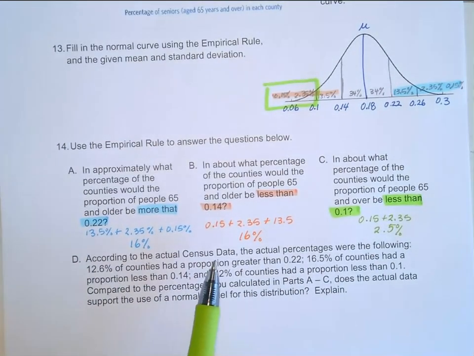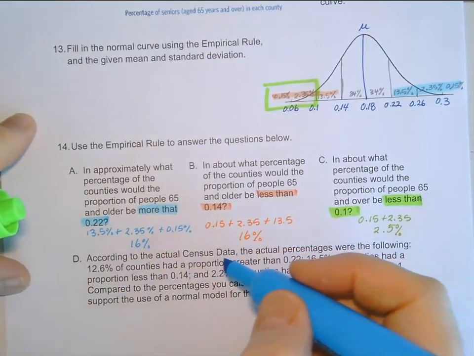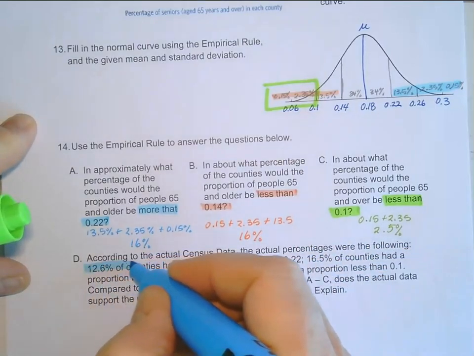It says, according to the actual census data, the actual percentages were the following. I'm going to use the same highlight in the same color. 12.6% of the counties had a proportion greater than 0.22.